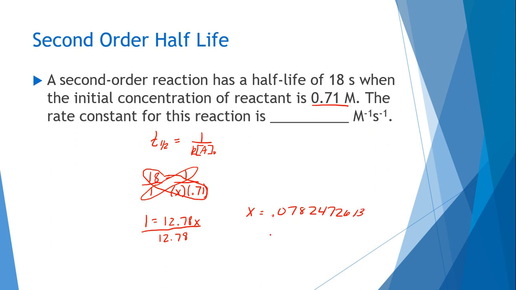Because I want to round to 2 sig figs, I'm going to say 0.078, and then I need a unit. It is asking for a rate constant, and so it's going to be dependent that I am on my second order reaction. Remember, the rate constant of a second order reaction is M to the negative first, s to the negative first.